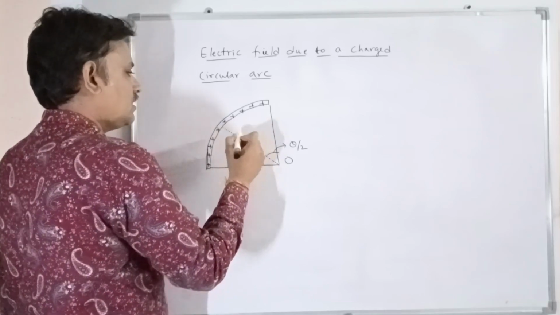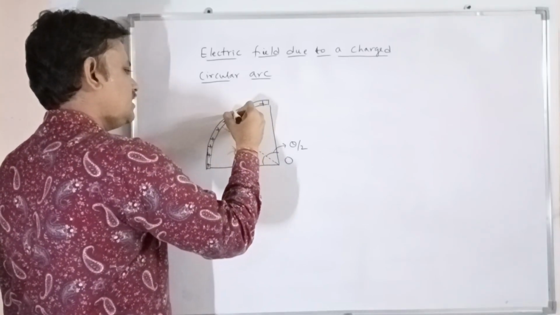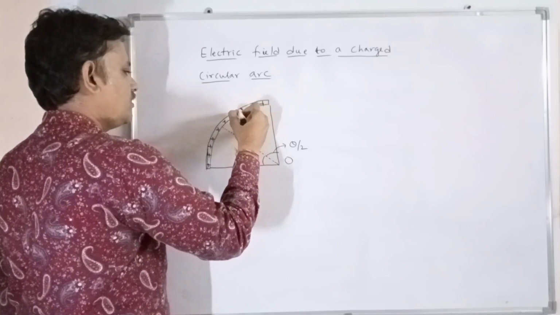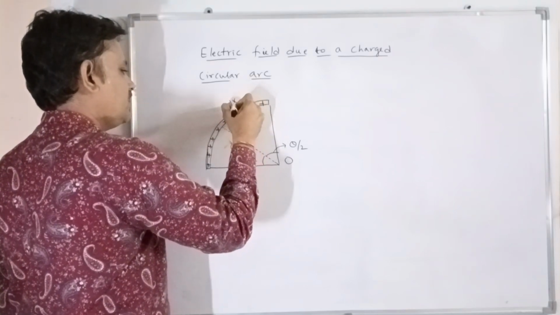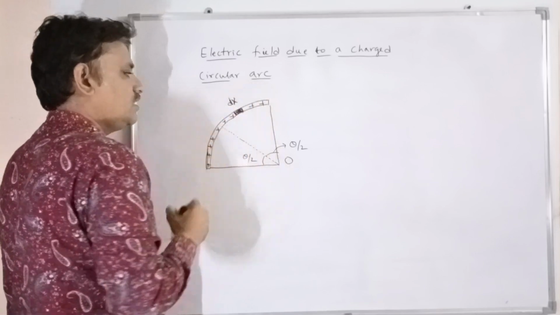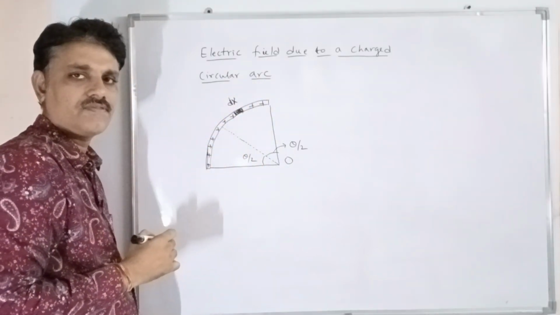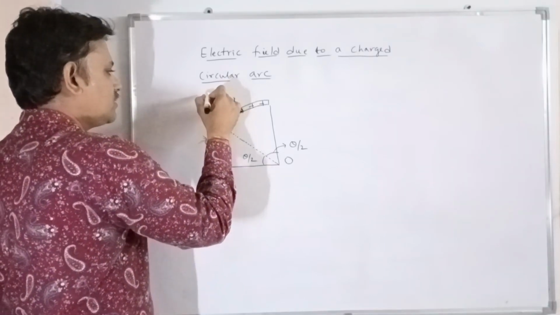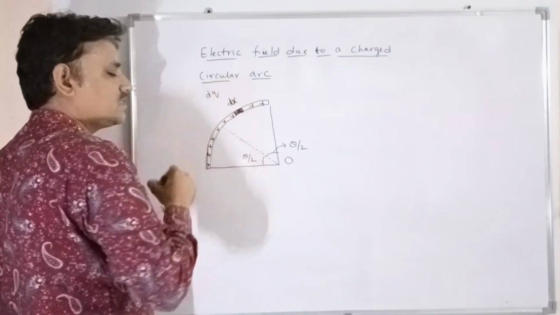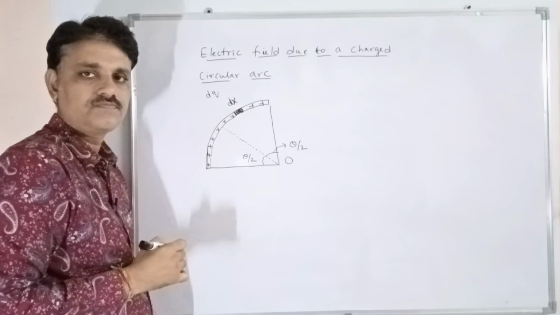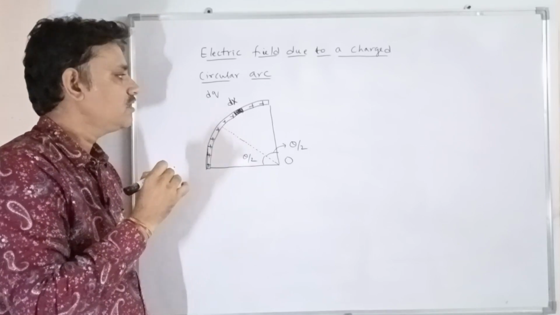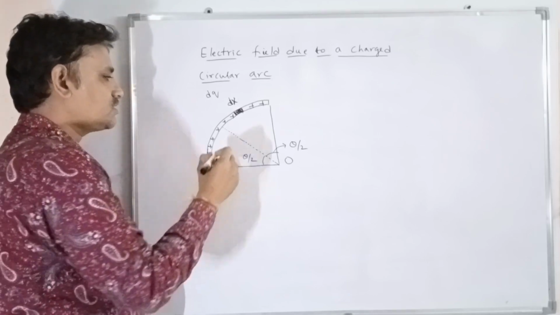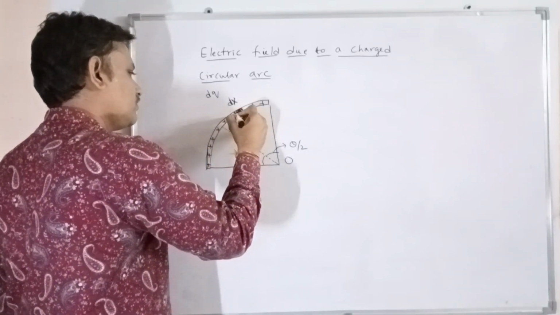Okay, let us suppose a small element here. This is a small element having length dx. dx is the length of the element on the circular arc, and that small element has the charge dq.